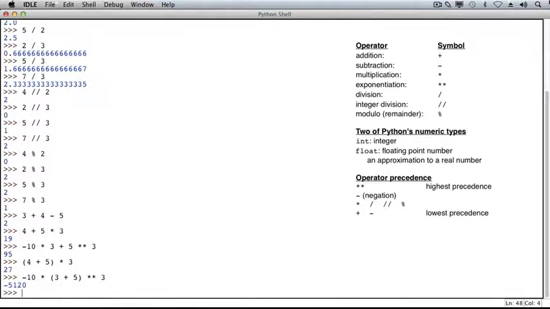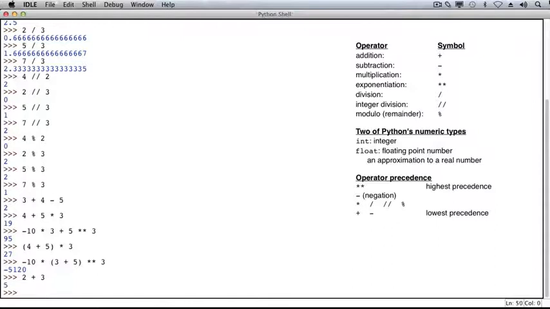Up to this point, every instruction that we gave to Python yielded a result. For example, when we asked Python to evaluate the expression 2 plus 3, it gave us the result 5. That's because the expression 2 plus 3 follows the syntax of the Python language.